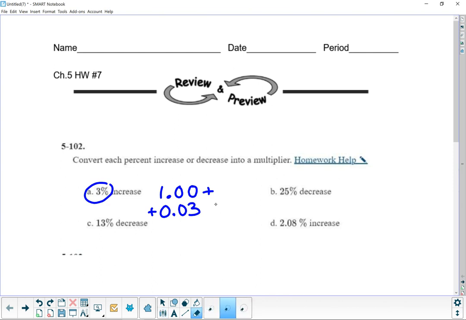So that's why we're getting 1.03, and that's our multiplier. So for A, our multiplier is 1.03.